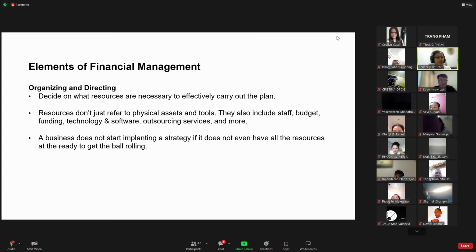Even if you have a proper budget, finances allocated properly as per the plan, you need to make sure that the right person is in charge, the right person is taking responsibility, right? Funding, technology, software, all of that is considered as tools, resources. It's not only the assets, it's not only the physical aspect of it.